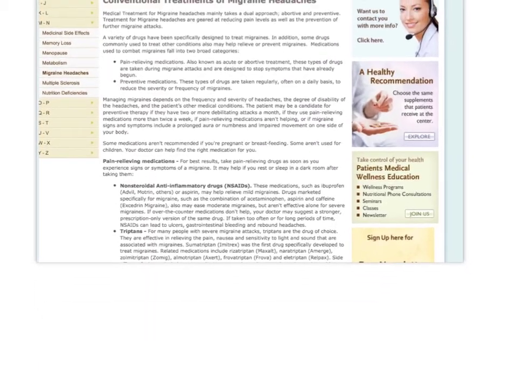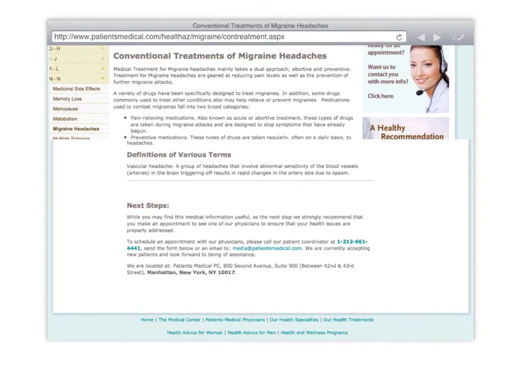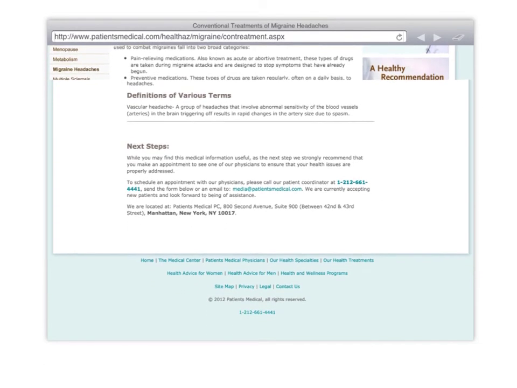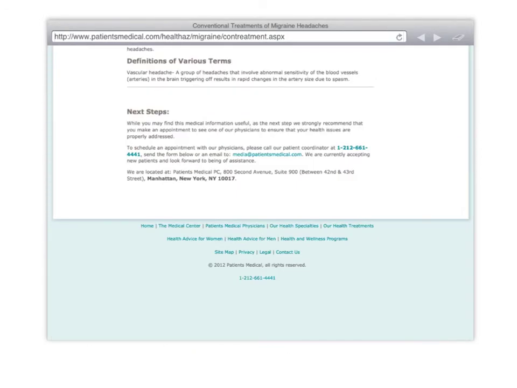So if we scroll to the bottom of the web page, the only thing we'll notice is that there's no authorship information posted.